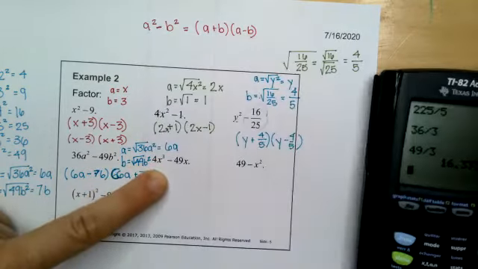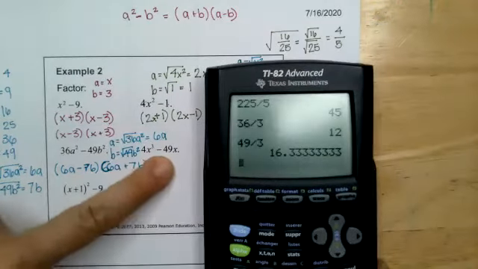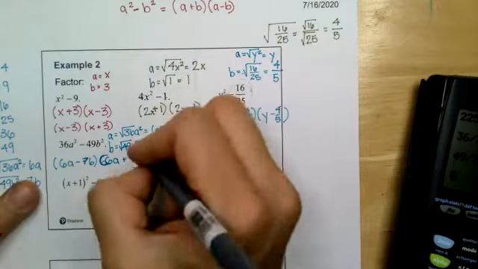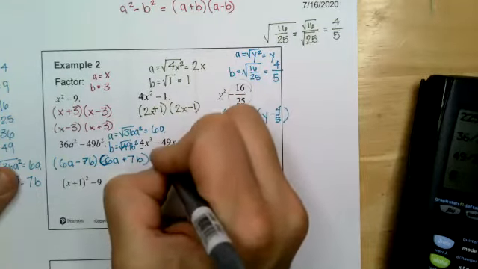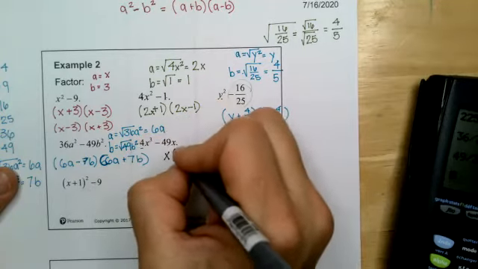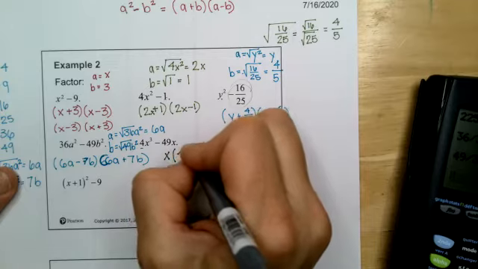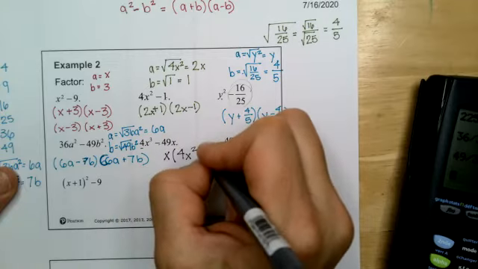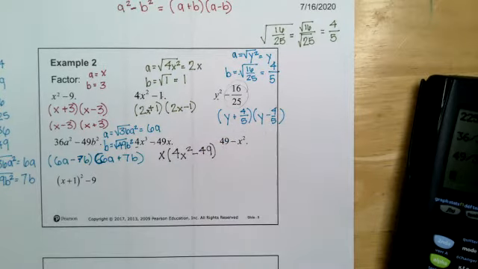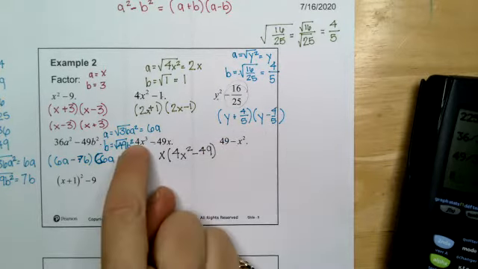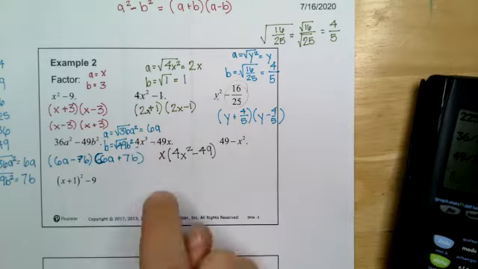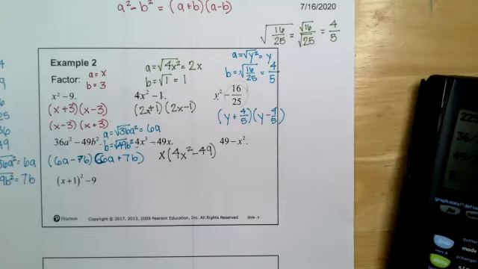You can always check though, okay? 4x cubed minus 49x, I can take out an x. 4x cubed divided by x becomes 4x squared. 49x divided by x is 49. Because x cubed is not a perfect square, that's a perfect cube, that we cannot use in this formula.